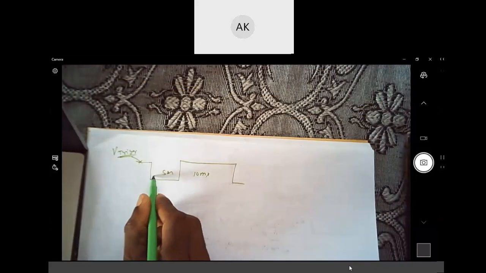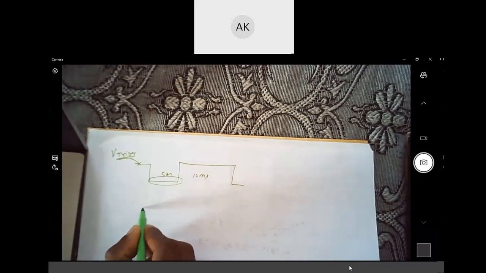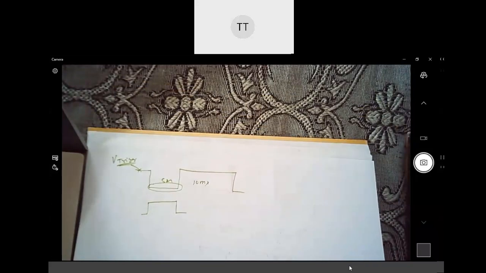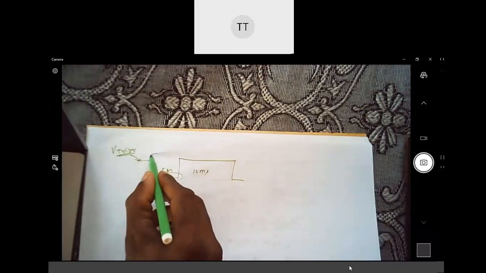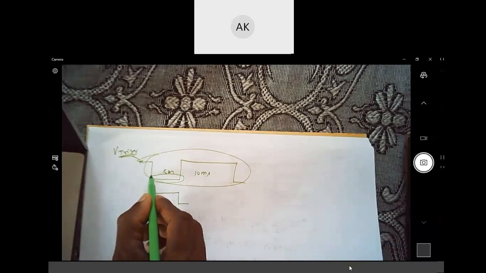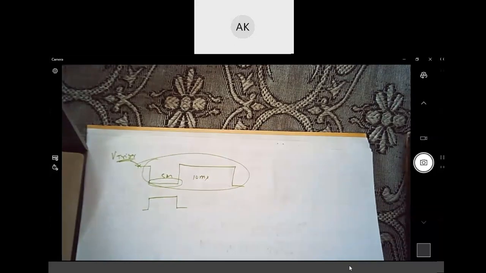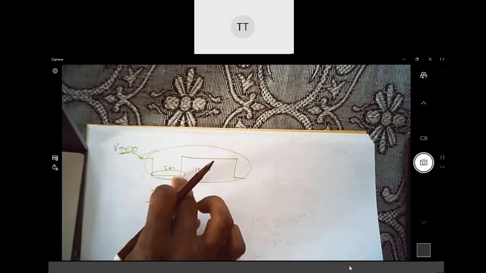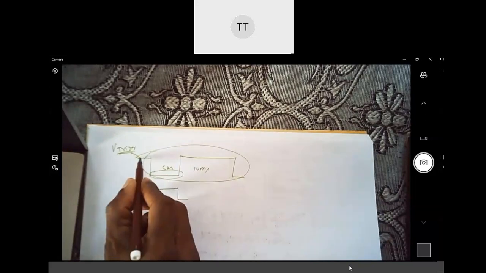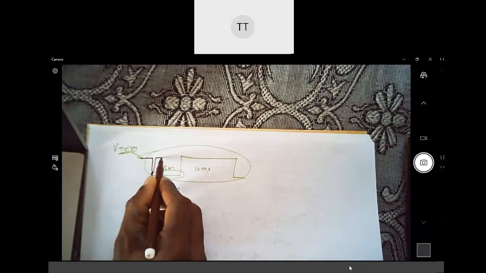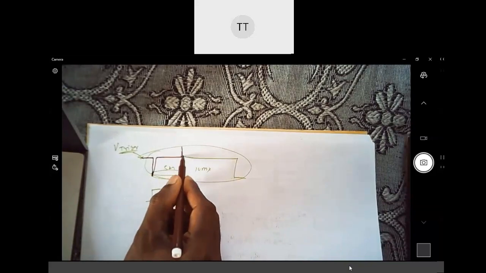As long as the trigger is low, the output is always high. So what is a valid trigger signal now? I have to generate a trigger signal such that it goes below VTL for only a fraction of time. Even though you have an input waveform of something like this, I have to generate a spike out of it.